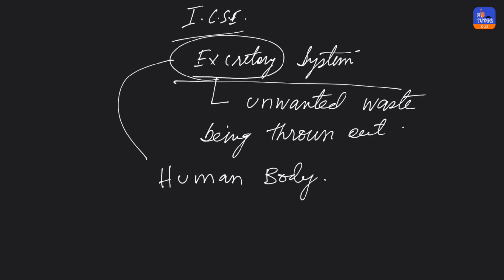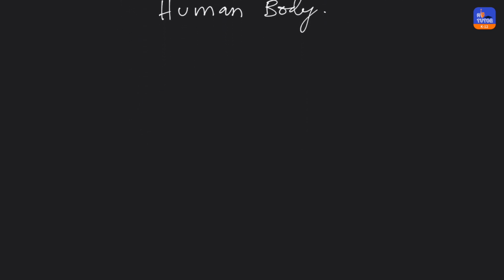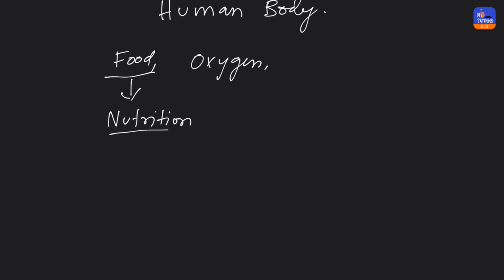So, human body. Are you a human being? Yes, sir. I am a human being. Do you consume food? Yes, sir. Do you take oxygen? Yes, sir. When we consume food, there is a process called nutrition. When we take oxygen, there is a process called respiration.